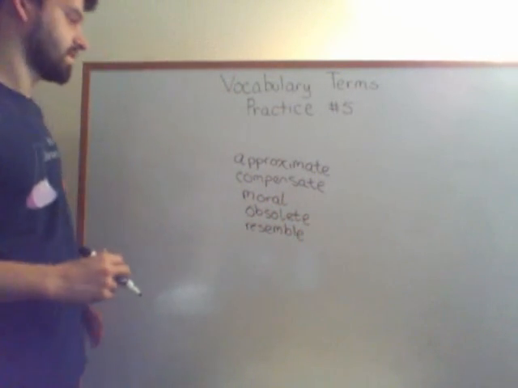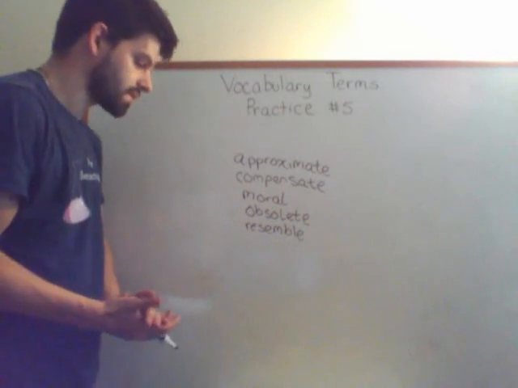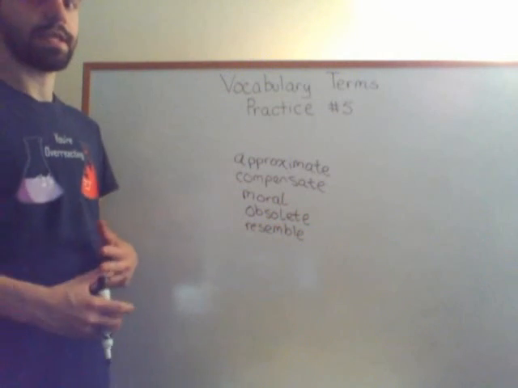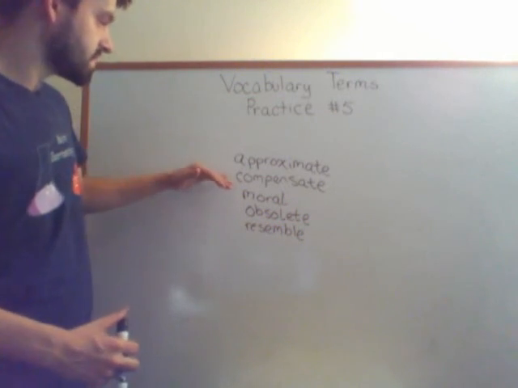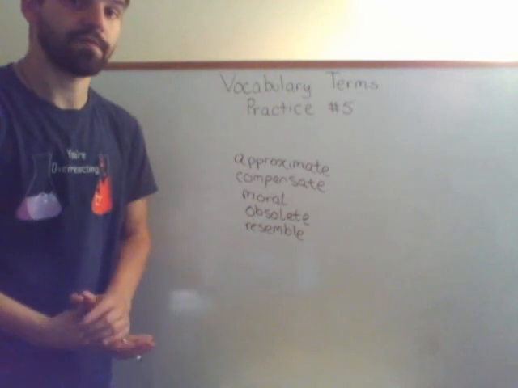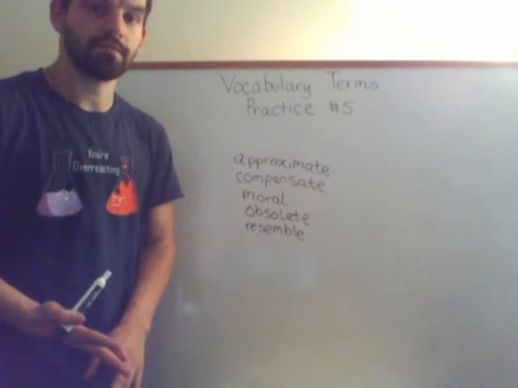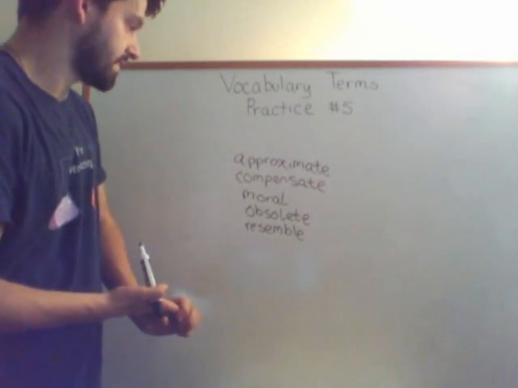Okay, and then just a quick definition recap. We have approximate meaning close to the actual but not completely accurate or exact. Compensate is a double meaning word. First definition meaning to give something typically of a monetary value in recognition of an injury, suffering, or loss having occurred.